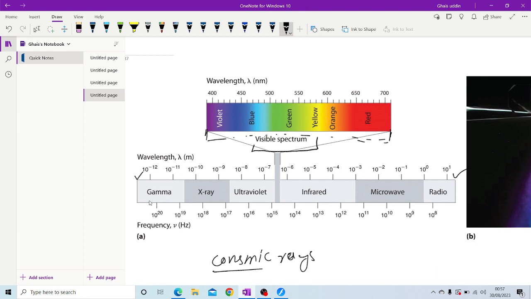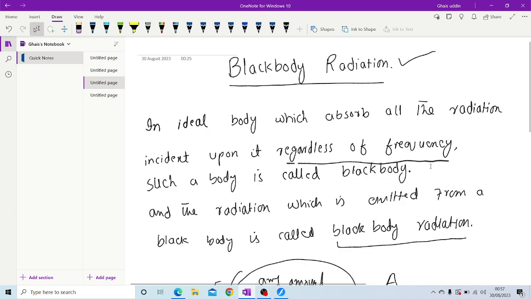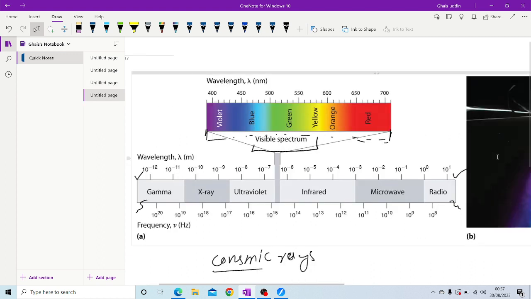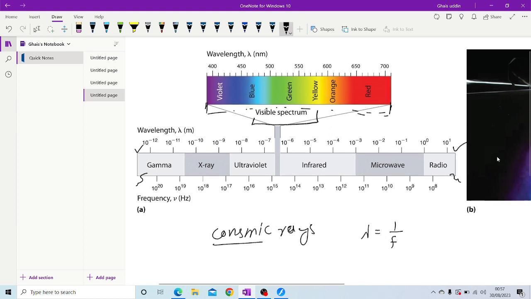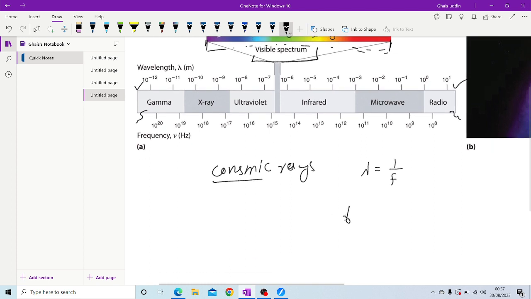This is the shorter wavelength, and this is the longer wavelength. So if we write "regardless of its wavelength," this is also correct, because we know that frequency is related to wavelength as f is equal to c over lambda.